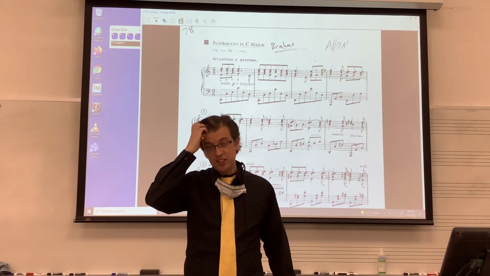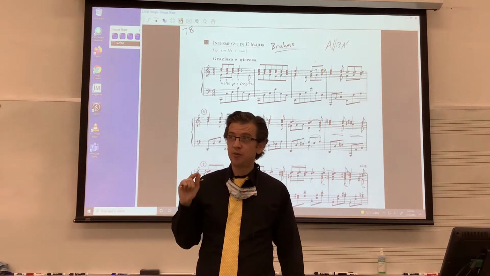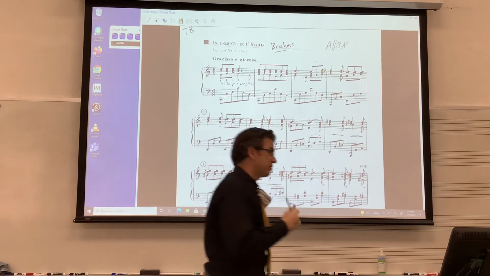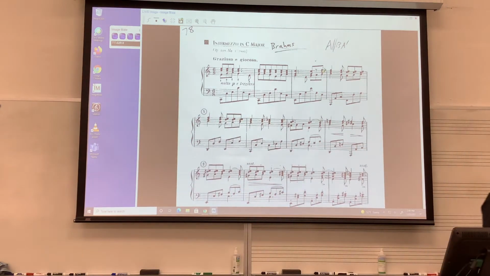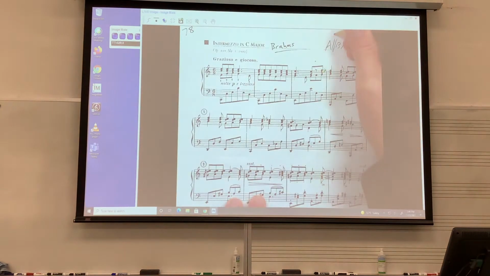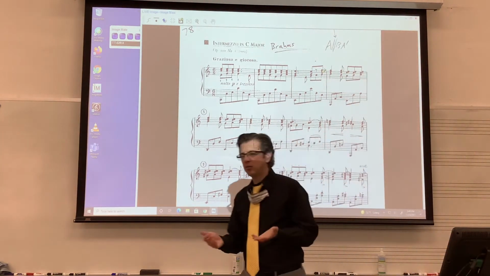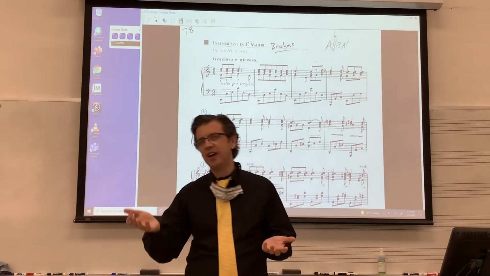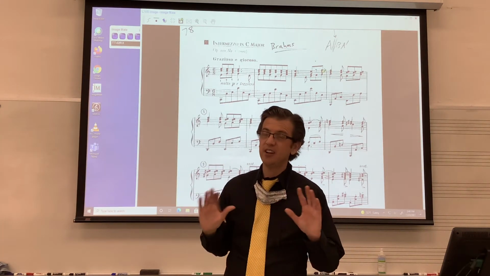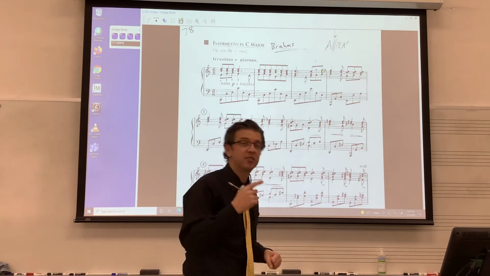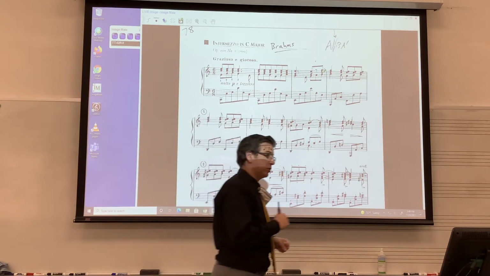It's not the easiest thing in the world, for two reasons. One is there is no repeat sign. Usually when we have an ABA form, a rounded binary, we see a repeat at the end of the A, go back and play it again. This one doesn't have it. However, Brahms does do something similar to having a repeat.